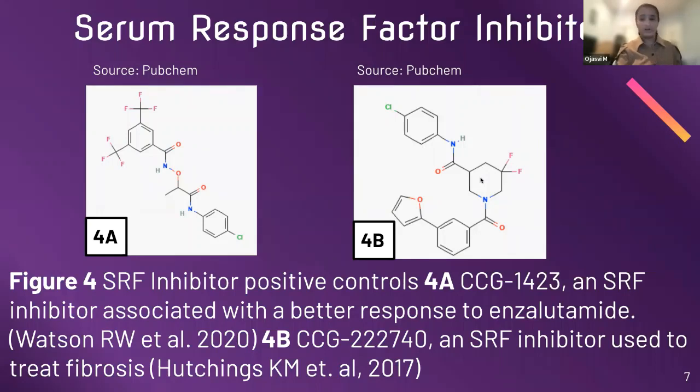Based on these known inhibitors, we will investigate other potential SRF inhibitors found through virtual screening of the ChEMBL database and docking analysis, along with determining the properties of the drug through other computational methods like molecular dynamics simulations and pharmacological or toxicity analysis, which Akshati will go into more detail about.